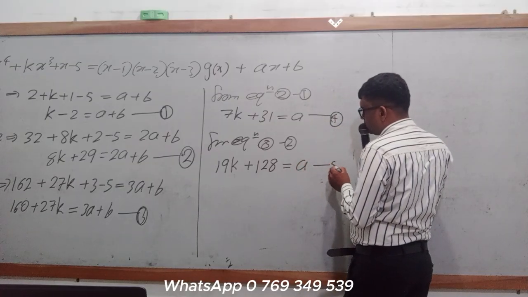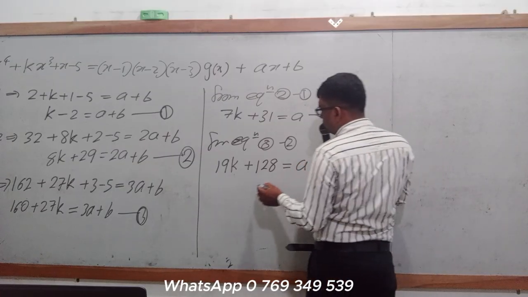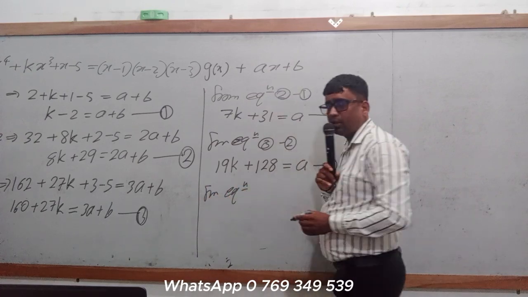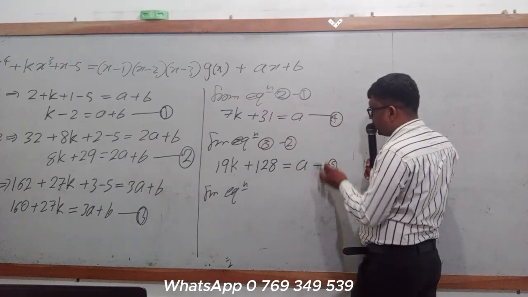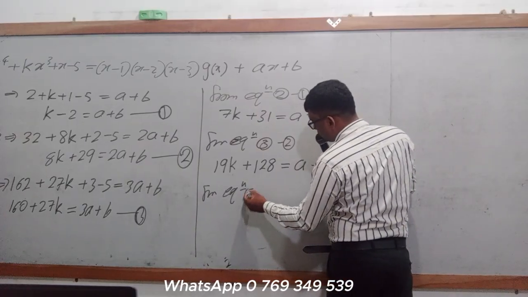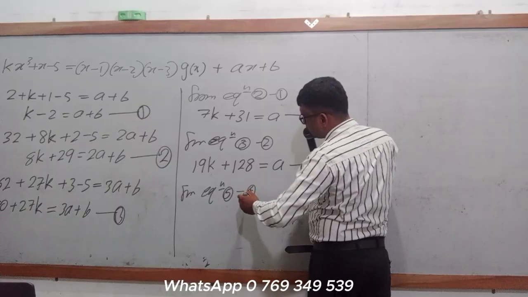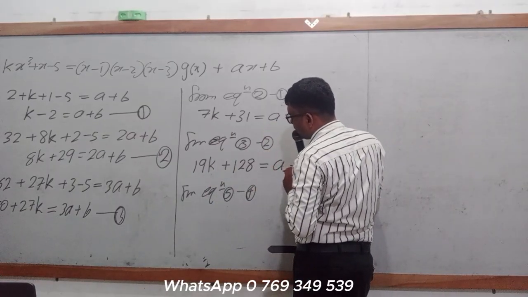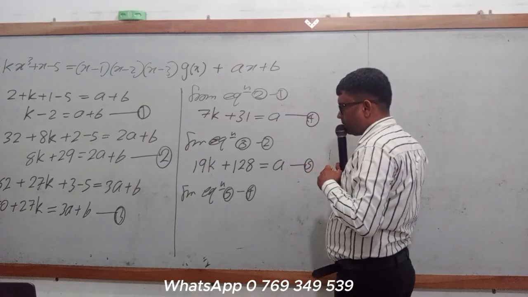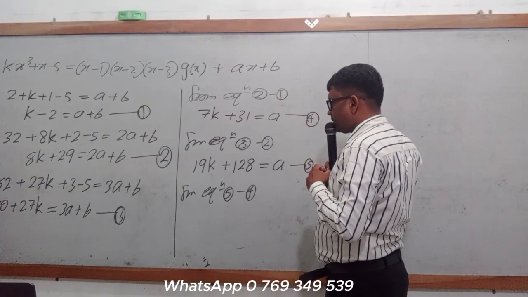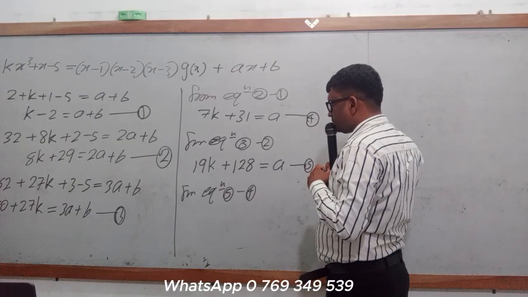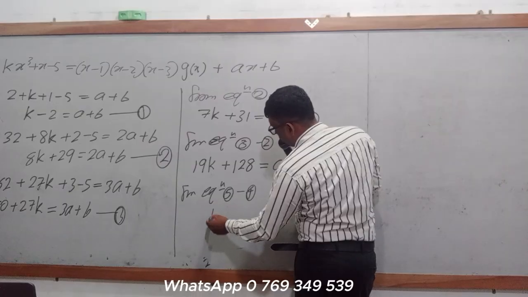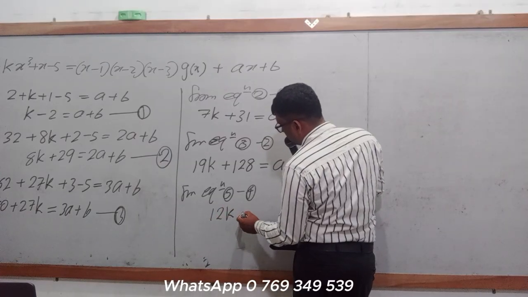That one also a. Now from equation, now equation 5 minus 4, 19 minus 7k. 19 minus 7, that is 12, no? 12k.